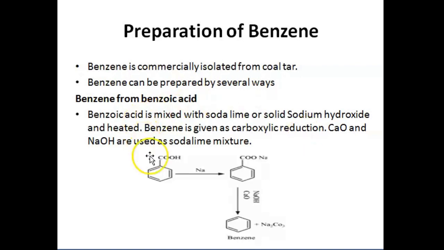So we could say when benzoic acid is treated with sodium, it gives sodium benzoate, and then if we pass it through soda lime, that is NaOH and CaO, it gives us benzene plus sodium carbonate.